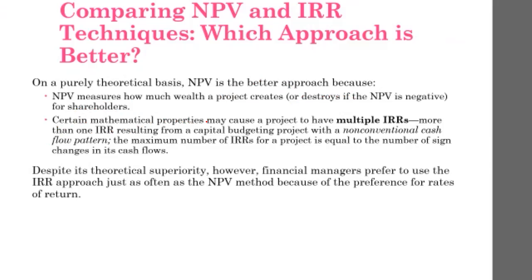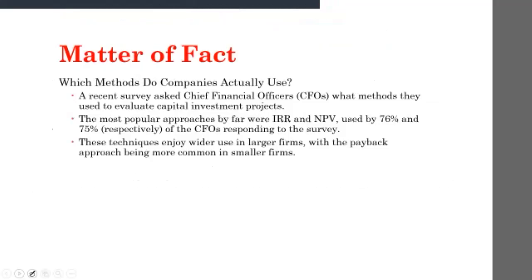Despite its theoretical superiority, however, financial managers prefer to use the IRR approach, as I said earlier, just as often as the NPV method because of a preference for rates of return, right? But none is wrong, both are very good. Just a matter of fact, which methods do companies actually use?